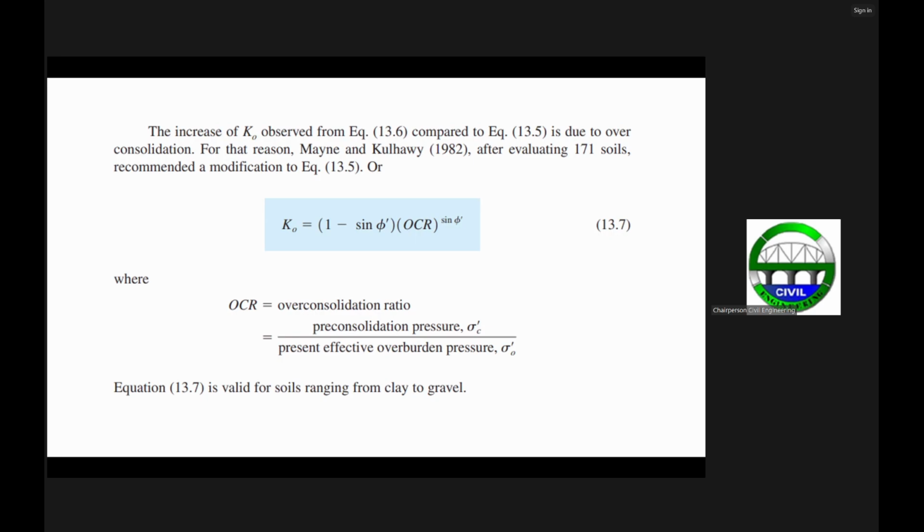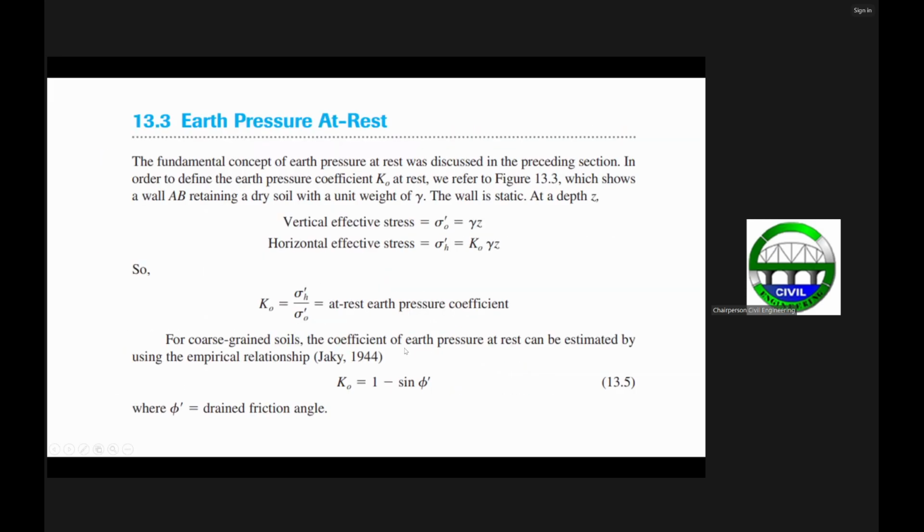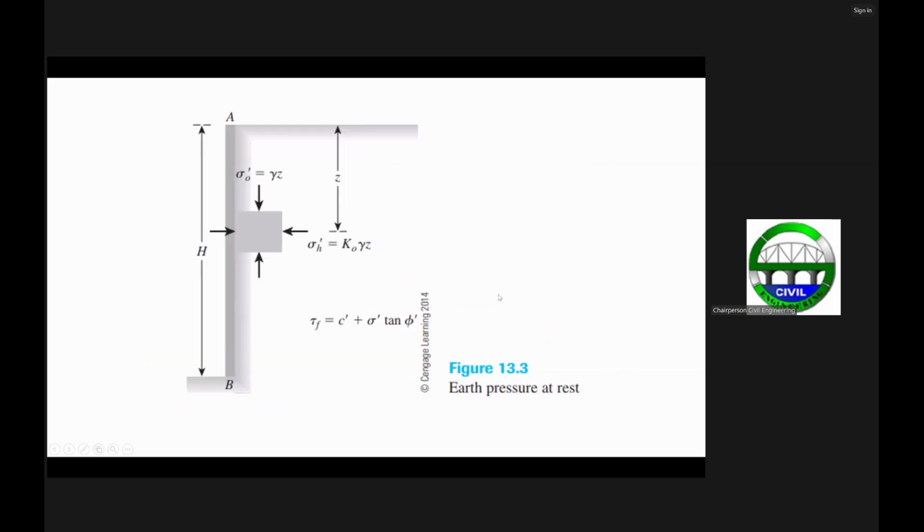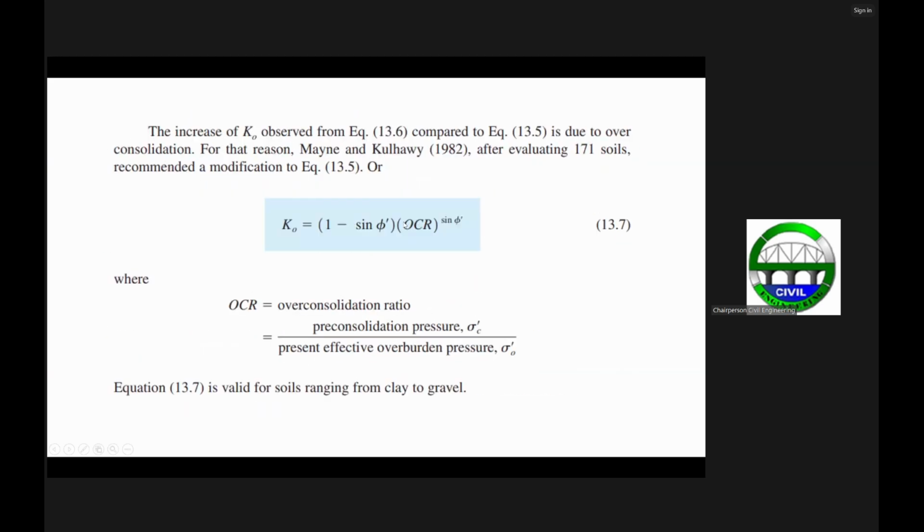Now, for this reason, these two guys, Mayne and Kulhawy, in 1982, after evaluating 171 soils in their research, have recommended a modification to this equation here. To this equation, they multiply the OCR, where the OCR is the over consolidation ratio.